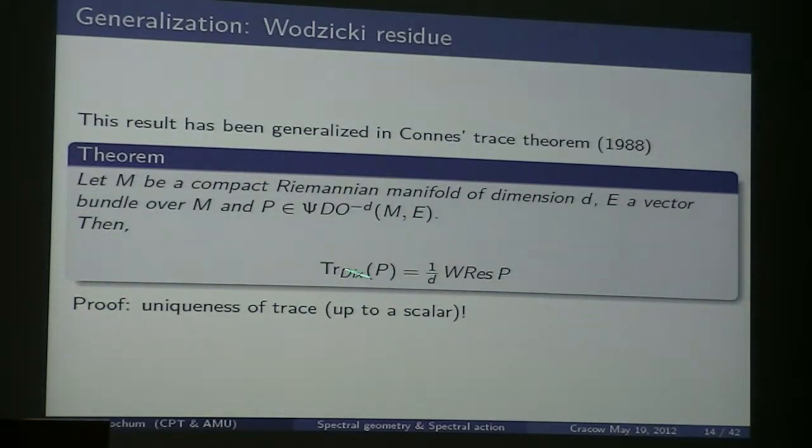Then the Dixmier trace coincides with this purely geometrical object. Why? Because both are traces and you have uniqueness. Okay? So, you see, this was defined for purely algebraic reasons. This is purely geometrical and they are related.